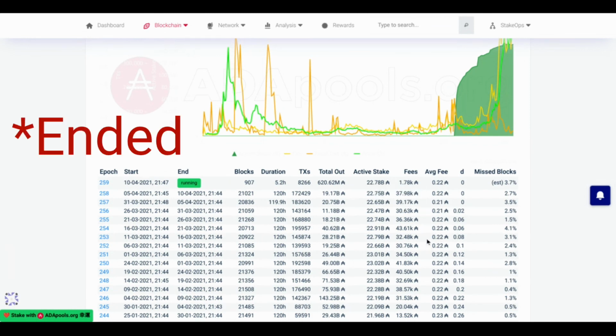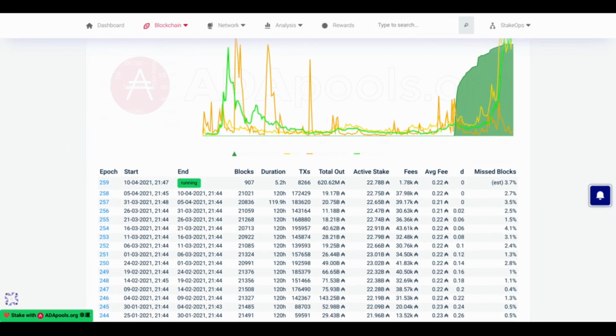Fees collected were 37,980 ADA, average fee of 0.22 ADA, active stake of 22.75 billion, and I believe that represents something like 70% of the total float out there of ADA.